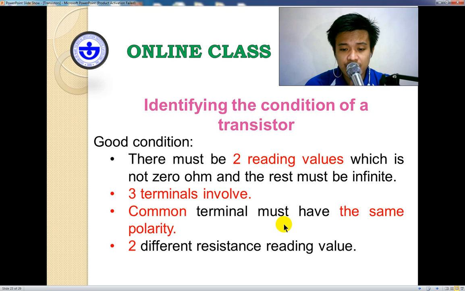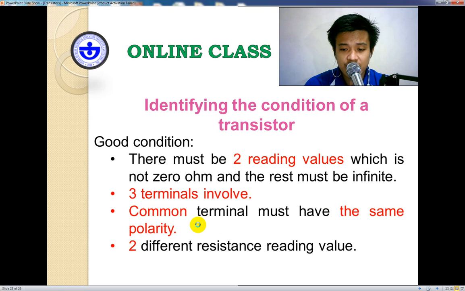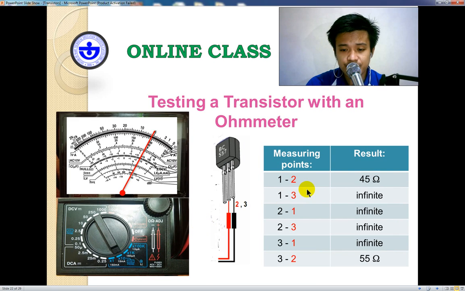Then the common terminal must have the same polarity. So going back to the two readings, which terminal or which leg is common? We have terminal 2, because the first value that we have in here is 1 and 2, and the second reading is 3 and 2. It means the common leg or the common terminal is 2.